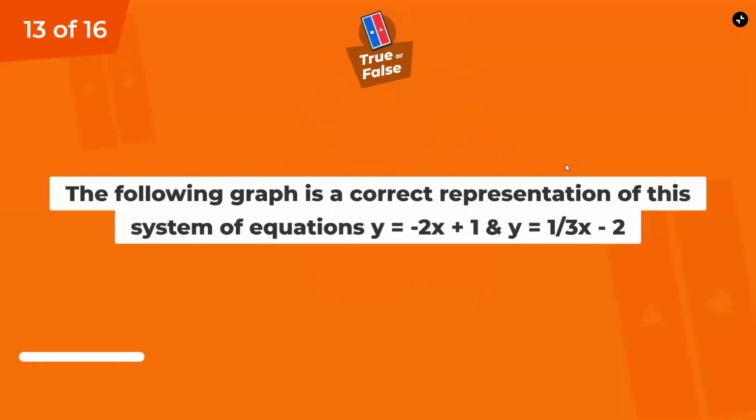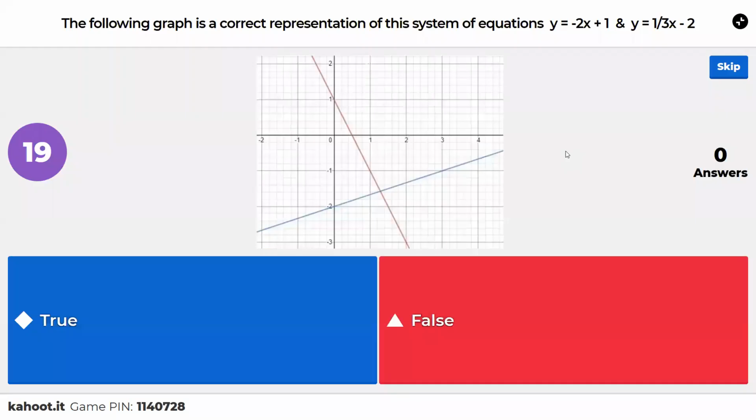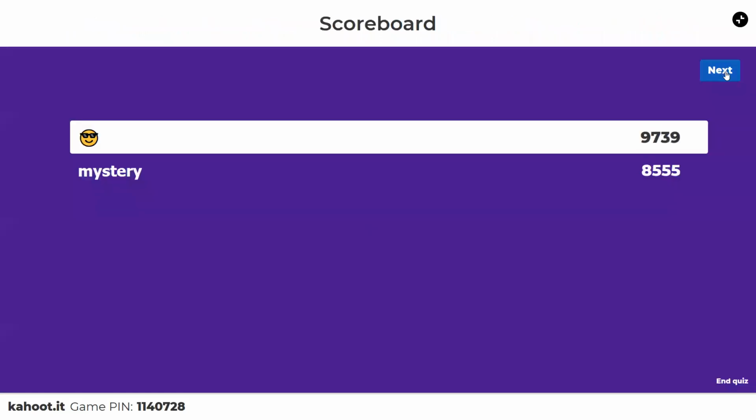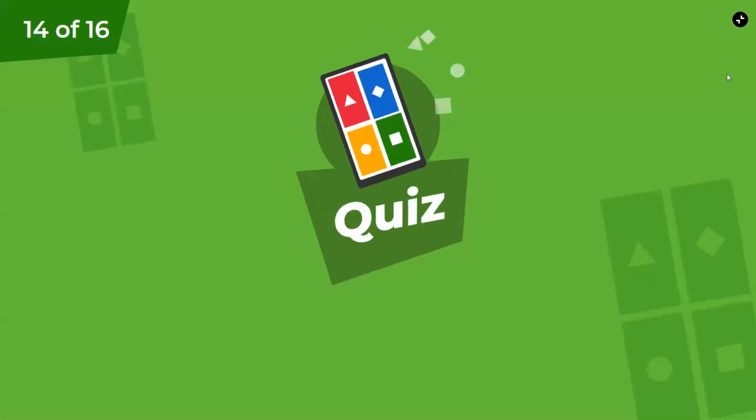All right, true or false? The following graph is a correct representation of this system of equations. All right, true. Woo, that was quick. Nicely done.